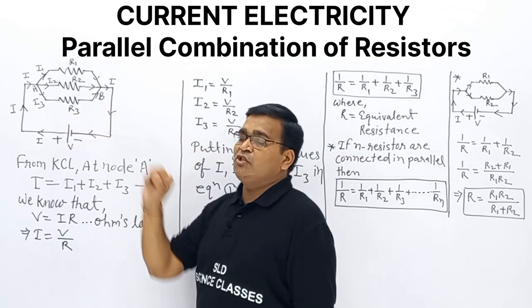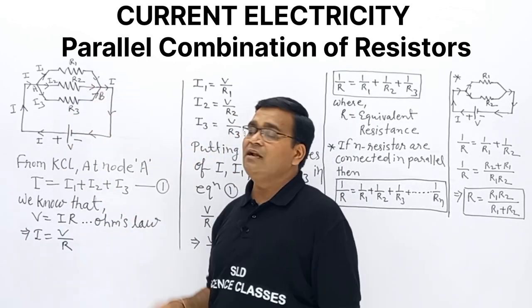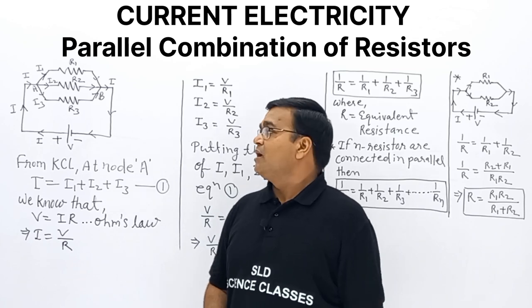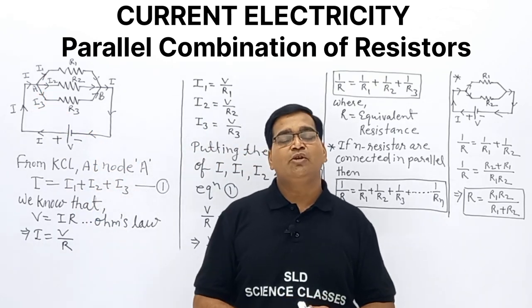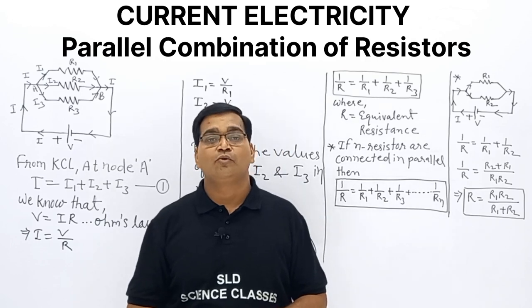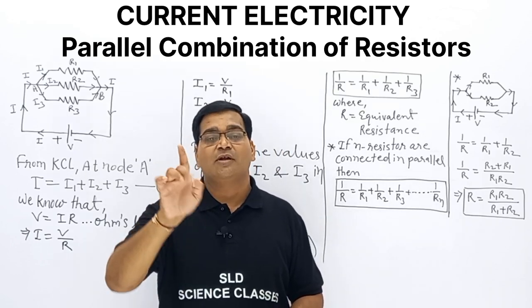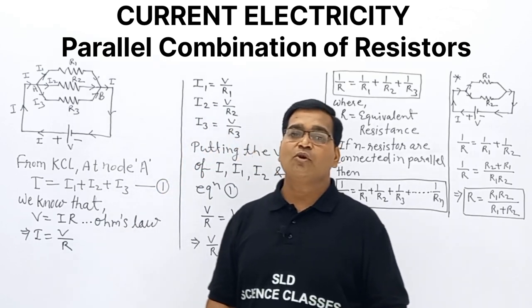But here we have parallel resistors and the current is dividing, and once the current is dividing, we will use not Kirchhoff's voltage law but Kirchhoff's current law. And what is Kirchhoff's current law?